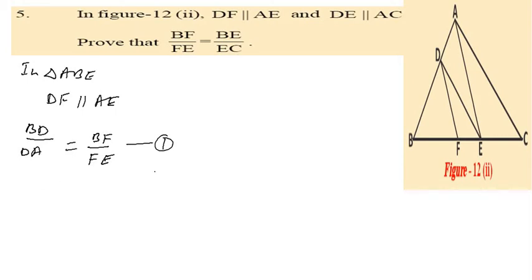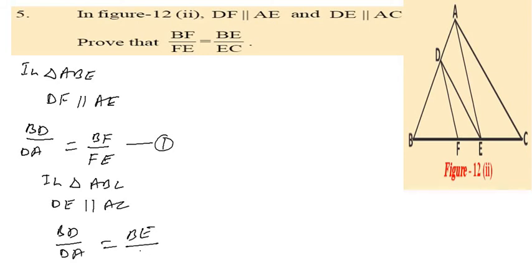Now in second, you can see here this DE in triangle which one? ABC. DE parallel to AC. So you can write here BD upon DA will be equal to BE upon EC.